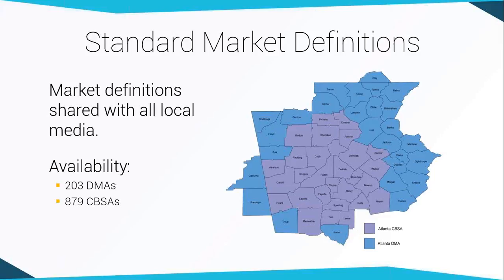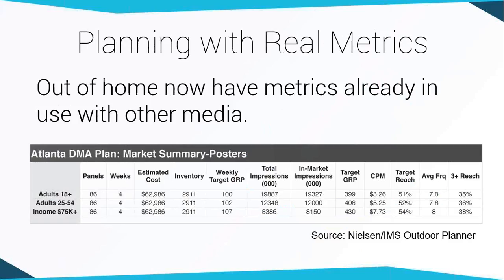So we want to ultimately choose the standard market definition that's comparable to the media that we're competing against. If we are selling or buying on behalf of someone in television, we should really use the DMA, and we could select based on geography at the end of the process.